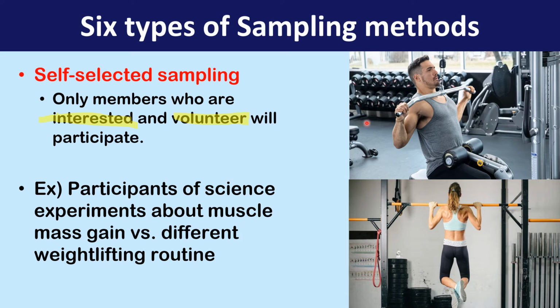I have participants that are interested in group A, interested in group B. We're doing a certain workout routine for a month, and then let's say how much muscle gain happened initially versus final, those kinds of things. It is quite a common type, ladies and gentlemen.